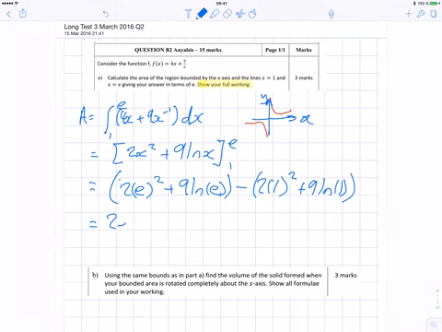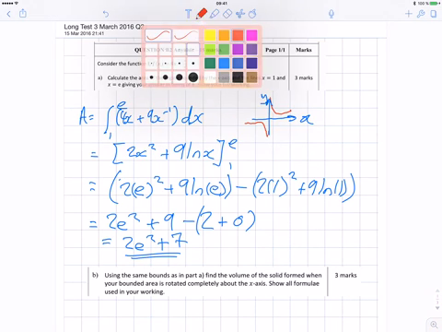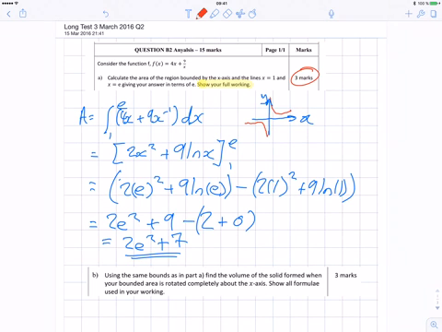So we get 2e squared. Now ln and e cancel out, so that's plus 9, minus 2, and ln 1 is 0, so it's just plus 0, so it's equal to 2e squared plus 7. And I wanted to see that level of working.